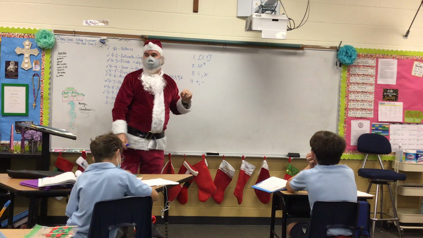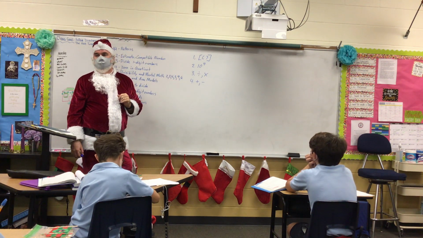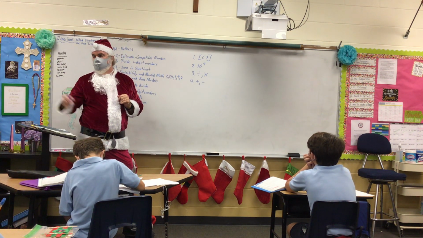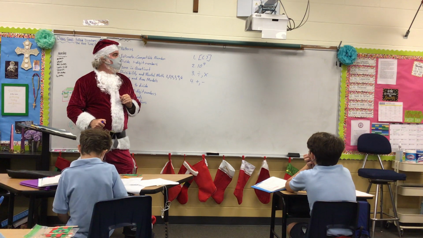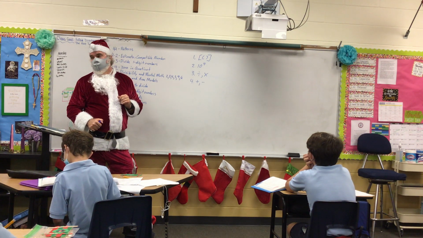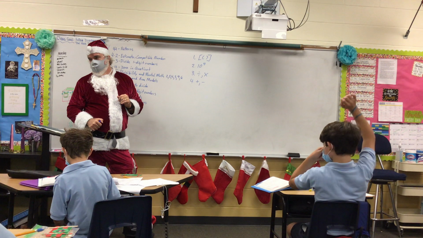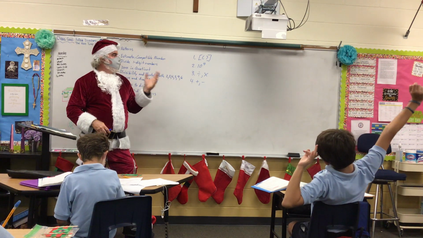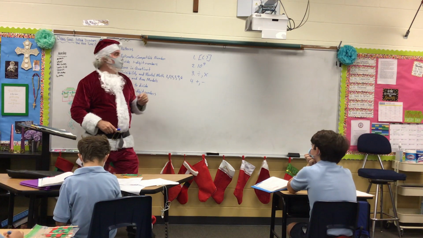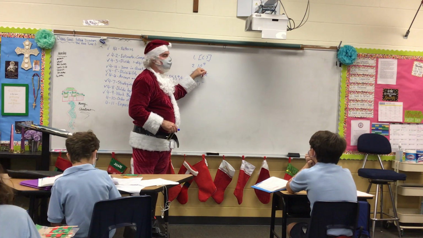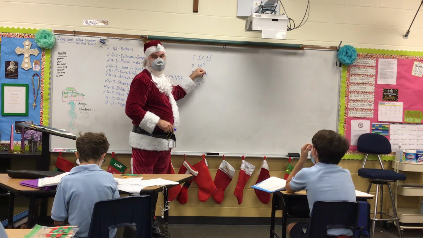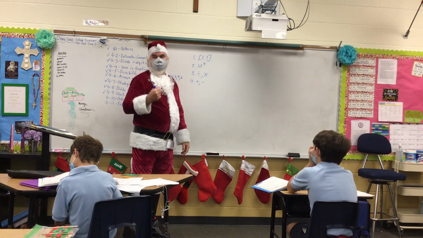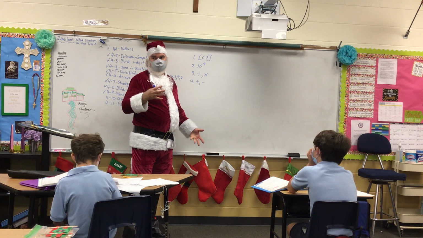What would this be? 10,000. Because if it was 10 to the first, there'd be 1 zero. 10 to the 0 means that it's 1. There's no zeros.